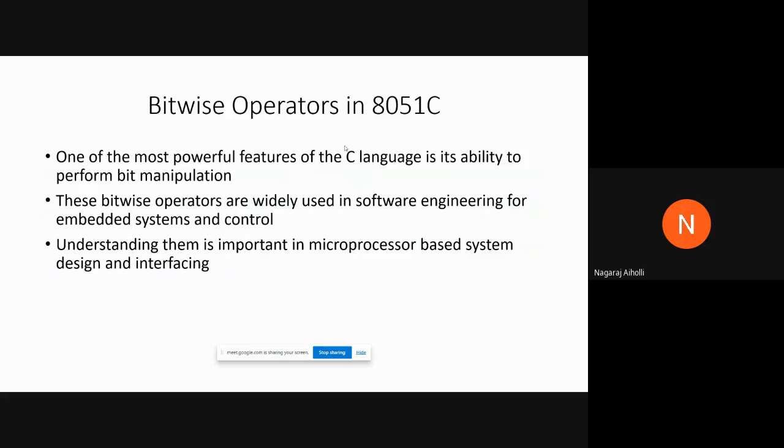This is one of the useful, important and most powerful features of the C language, that is its ability to perform bit manipulation. These bitwise operators are used in software engineering for writing the code for embedded systems. An embedded system is an application of a microcontroller where the application is meant for only a particular task.